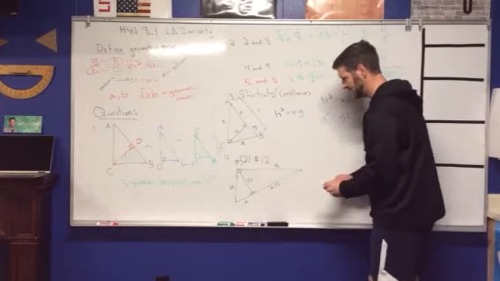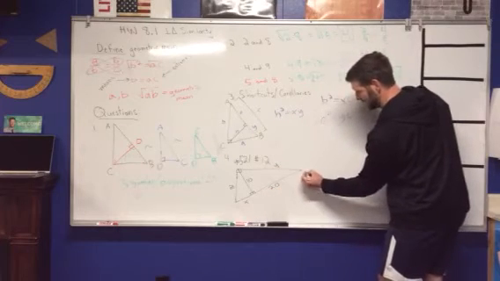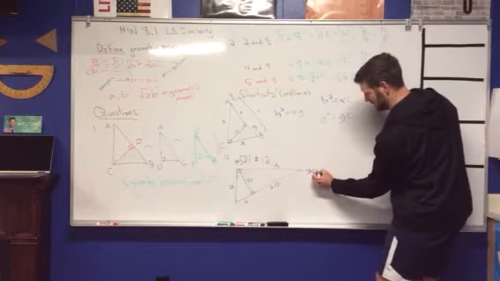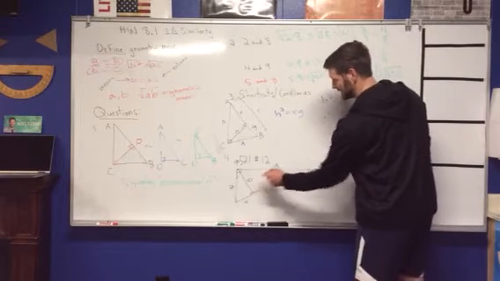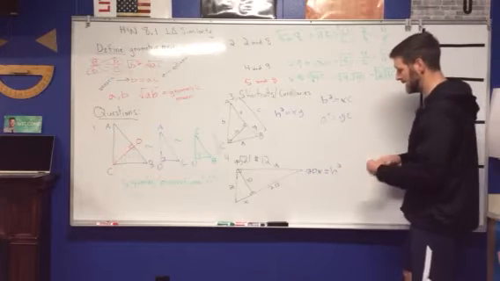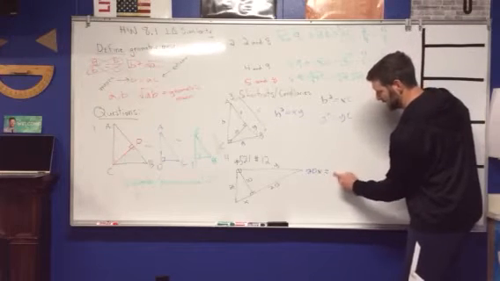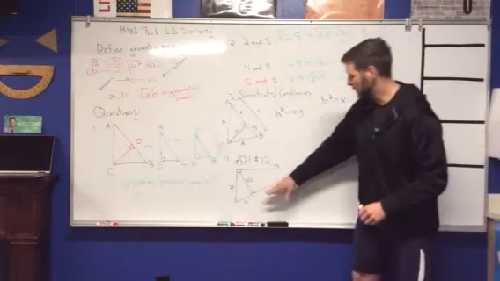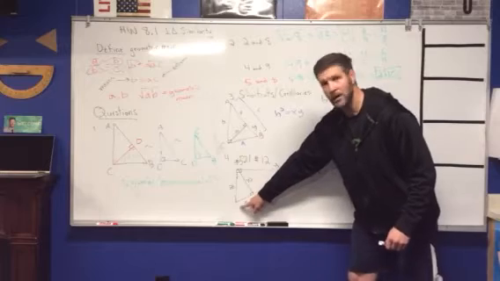So I know that 20 times X is equal to the altitude squared, H squared, but in this case, 10 squared. Don't let it throw you off that X was here and now they're calling this X.